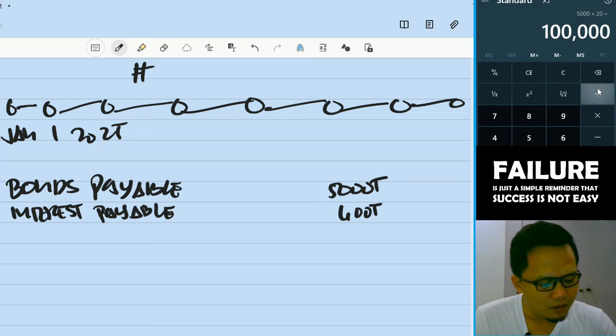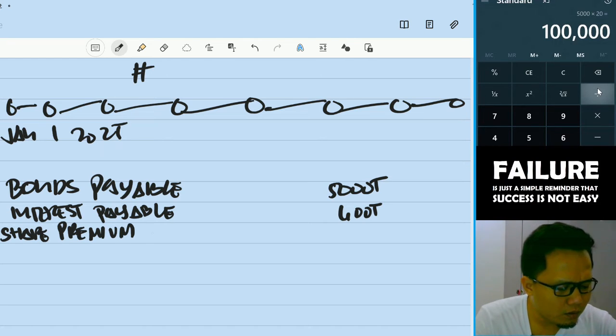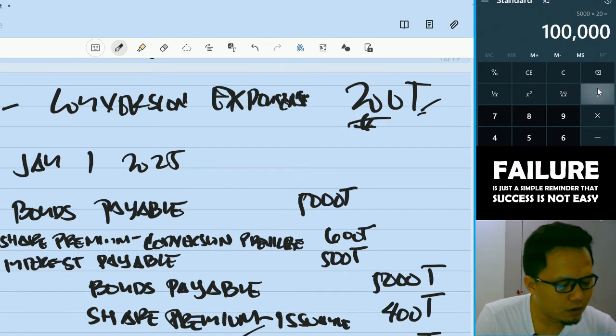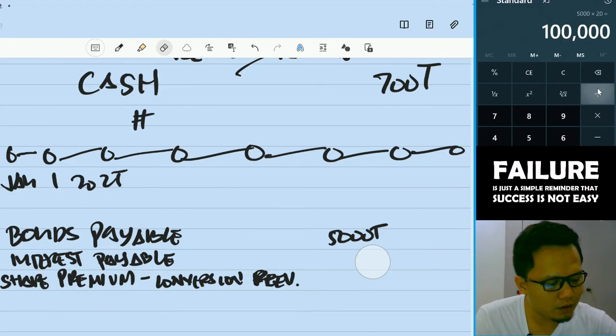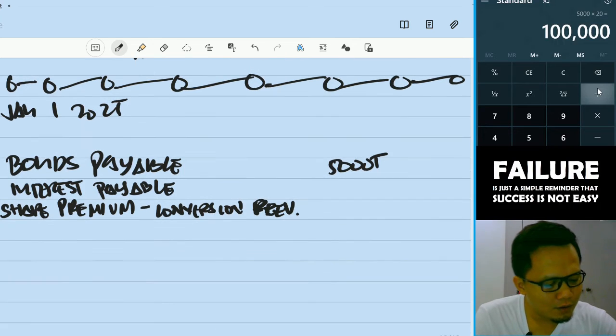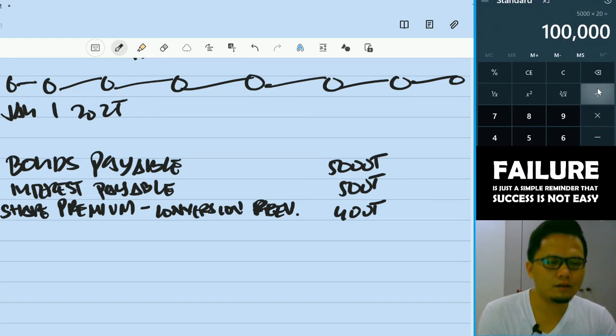So, debit share premium, conversion privilege, at 600,000. Sorry, it's the reverse: the share premium is 600,000, and the accrued interest is 500,000.